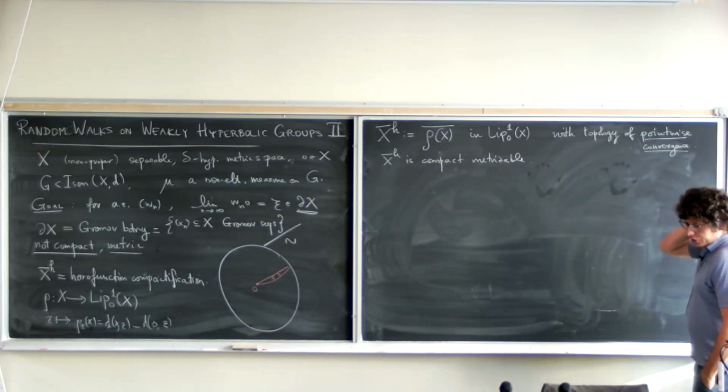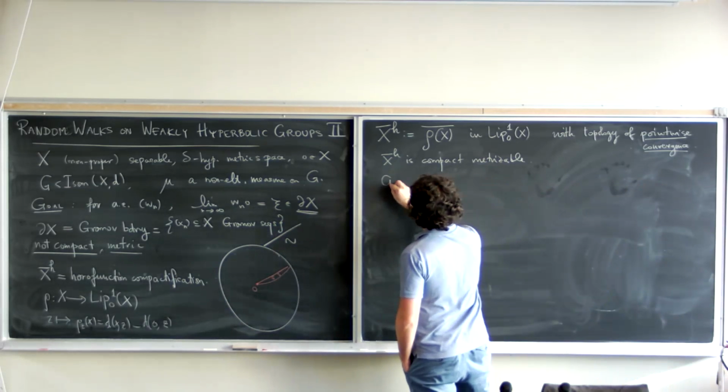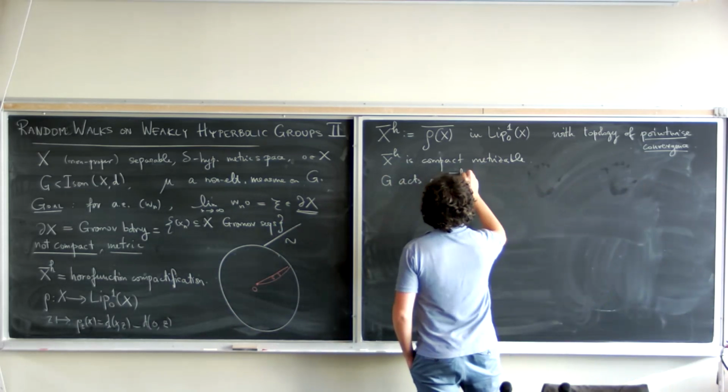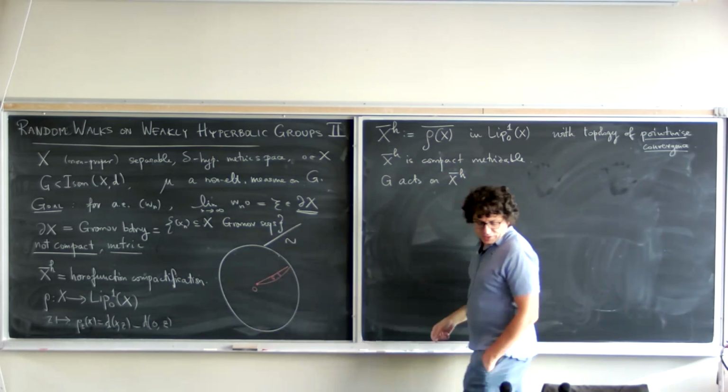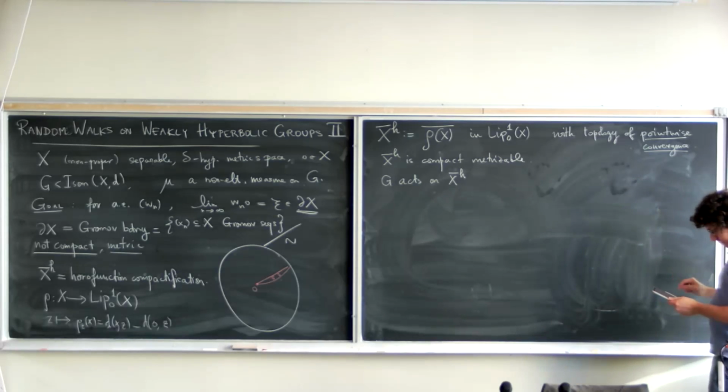Also, there is an action. G acts on the space of Horo functions. An element of this is some function, and we're going to call it a Horo function.